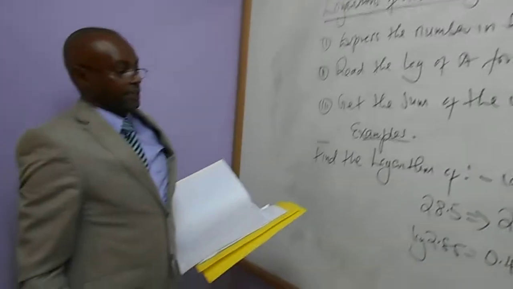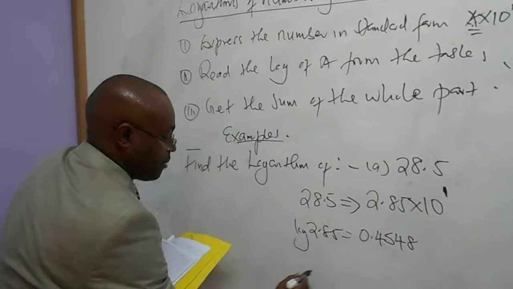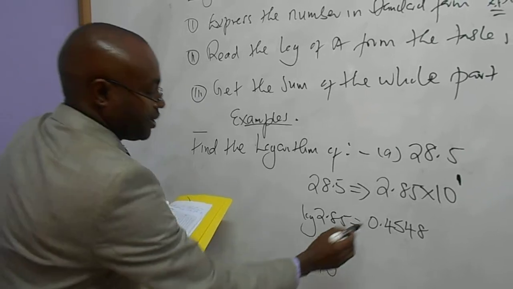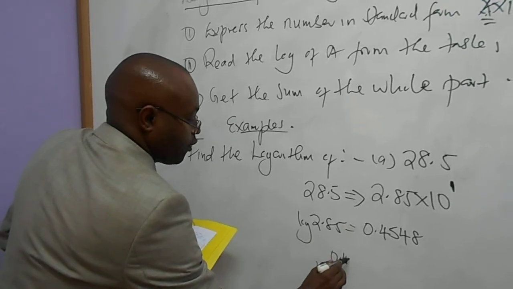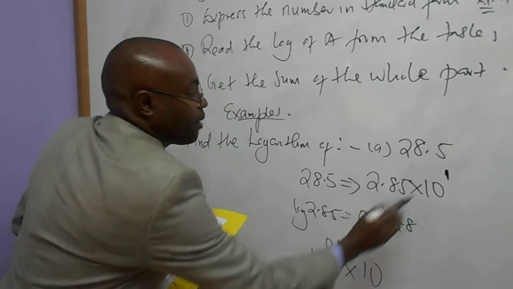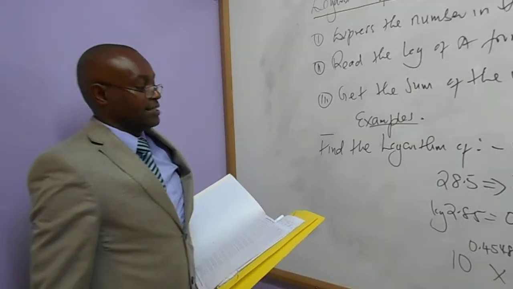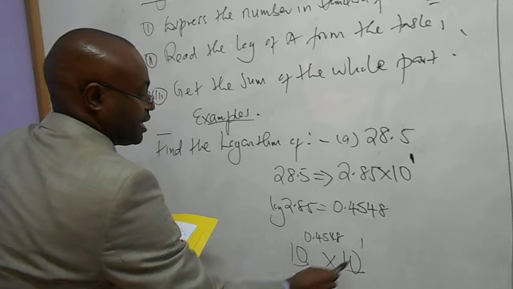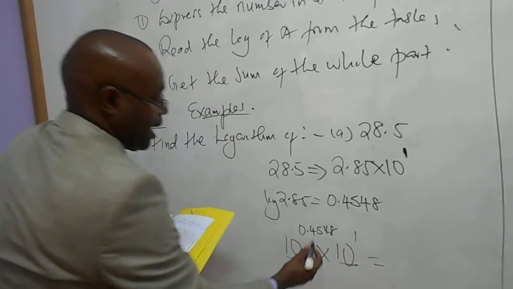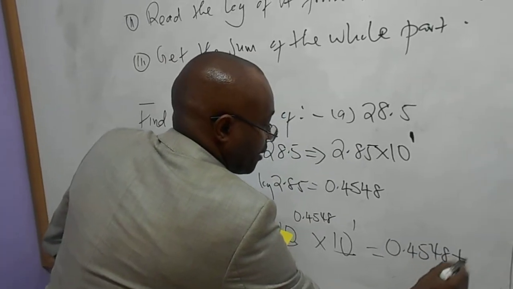Now, what are we saying? That this number 2.85 is the same as 10 raised to 0.4548 times 10 to power 1. If you remember the laws of indices, the bases are the same, so you are supposed to add the powers. And these are the logarithms, so you are going to add 0.4548 plus 1.